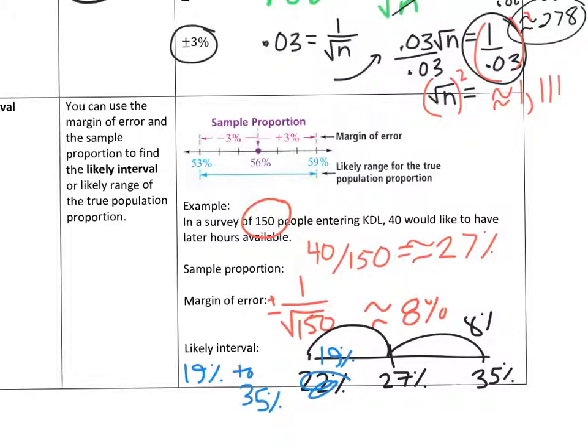So even though you asked and you got 27%, the likely interval would be 19 to 35%. Anybody outside of that would kind of be surprising. If you took everybody that goes to KDL and asked them and they said 50% of them would want later hours available, that would be surprising.